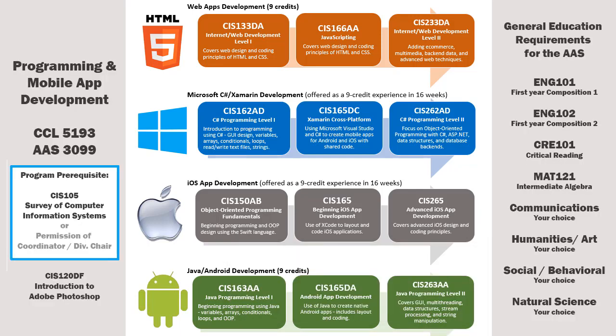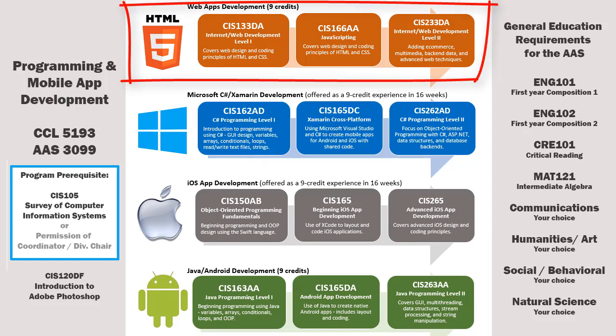One of the 4 tracks is the web app development track. These are the same skills that one would use in creating a website. However, today a lot of apps are being created with those skills that reside in the cloud on the internet, that people can access via the browser on their phone. So we teach you internet web development, which uses HTML and CSS, 2 markup languages for creating content and formatting it.